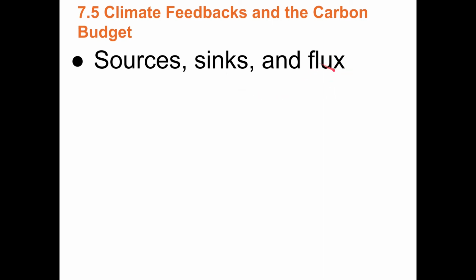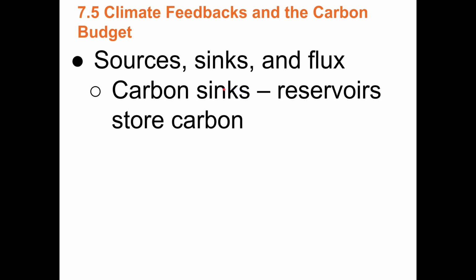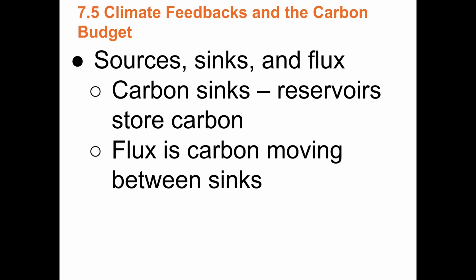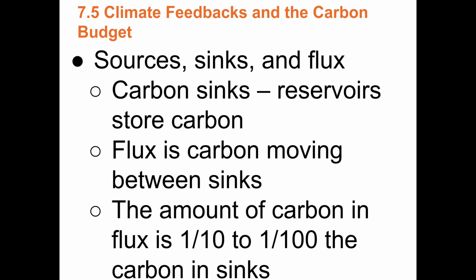Flux is the carbon that goes back and forth between sinks, or from sources to sinks. The amount in flux is 1/10 to 1/100th of the carbon in sinks. So most of the carbon is just sitting there. A little tiny bit is going back and forth between sinks.